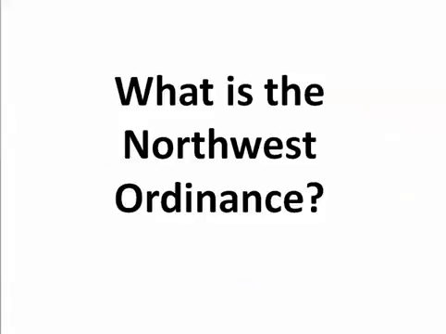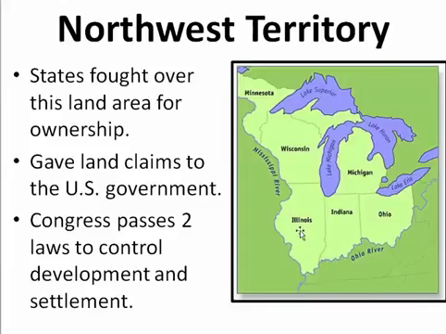So what is the Northwest Ordinance? Before we get to the Northwest Ordinance, we're going to talk about the Northwest Territory. To fully understand the Northwest Ordinance, we have to understand what the Northwest Territory is. The Northwest Territory is the area north of the Ohio River and west of the Mississippi River, and southwest of the Great Lakes area.